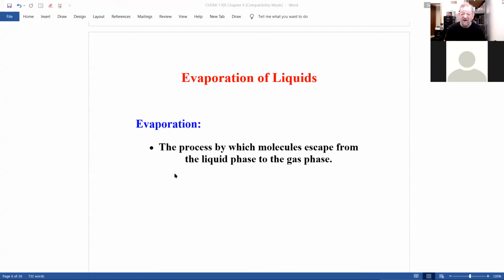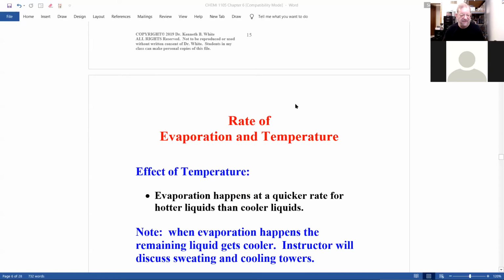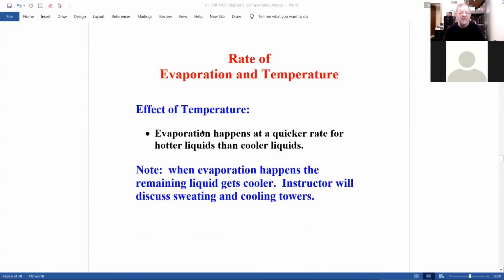Therefore, if we have water evaporating, like when you dry something out in the air, the water goes from a liquid to a gas, and we call that evaporation. Now, the rate of evaporation is based on the temperature. Evaporation happens at a quicker rate for hotter liquids than cooler ones.